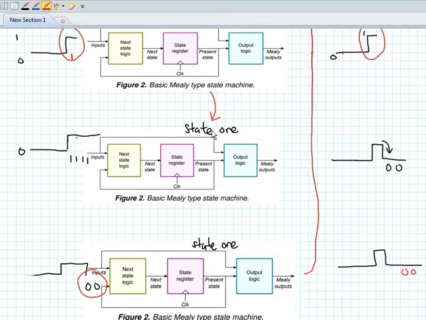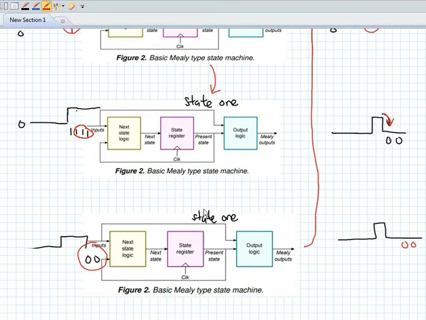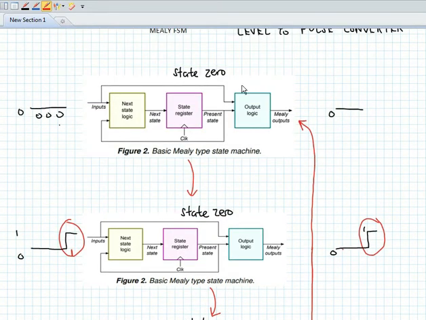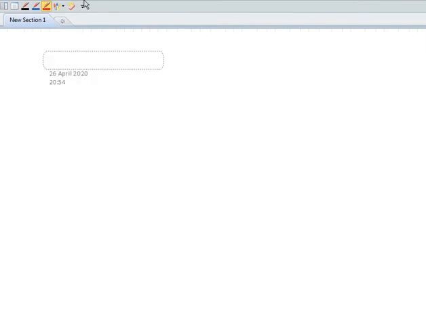While you are in state 1, if you continue to detect 1, output becomes 0. And finally, while in state 1, if you detect 0, your output is still 0, and you move back to state 0.